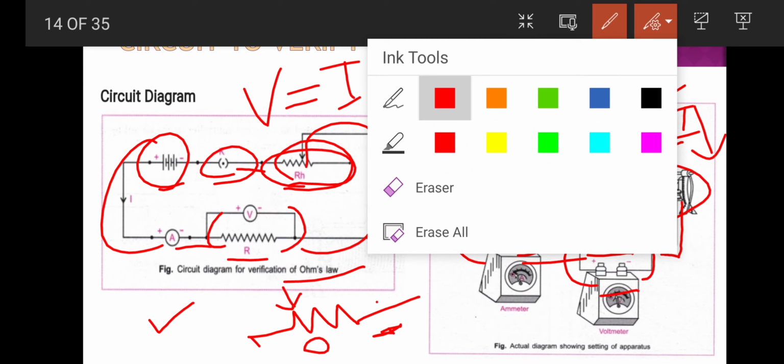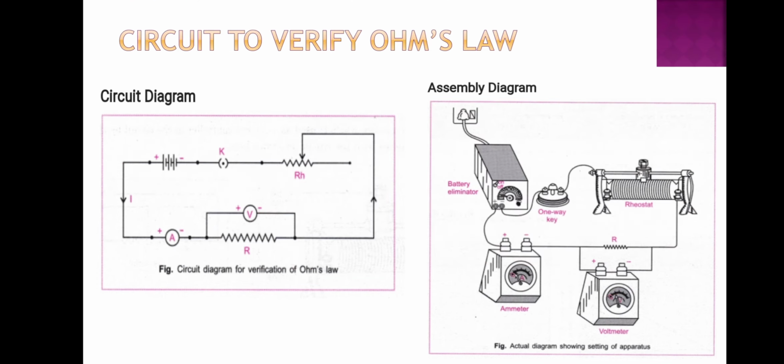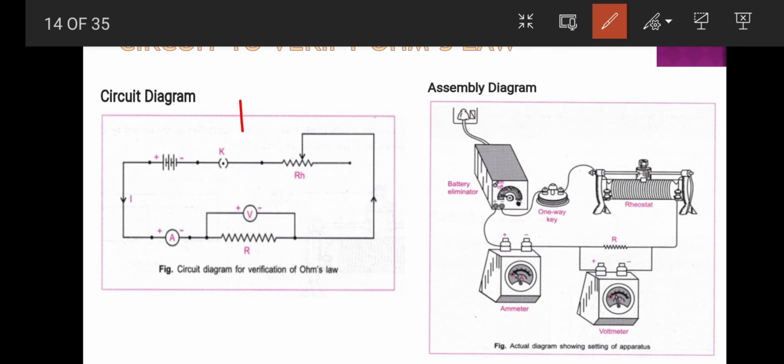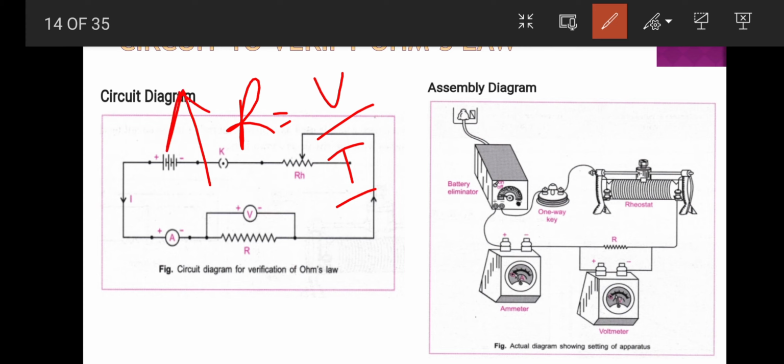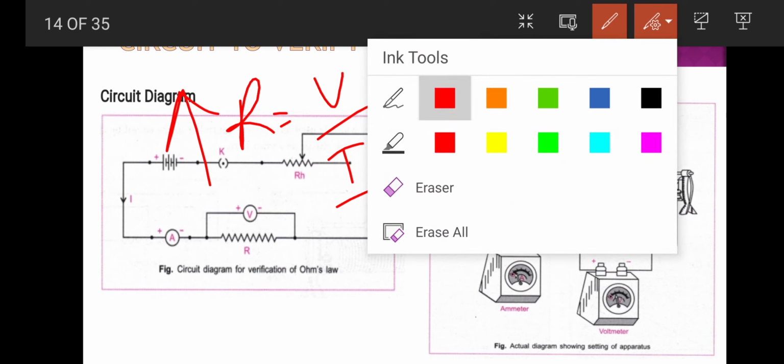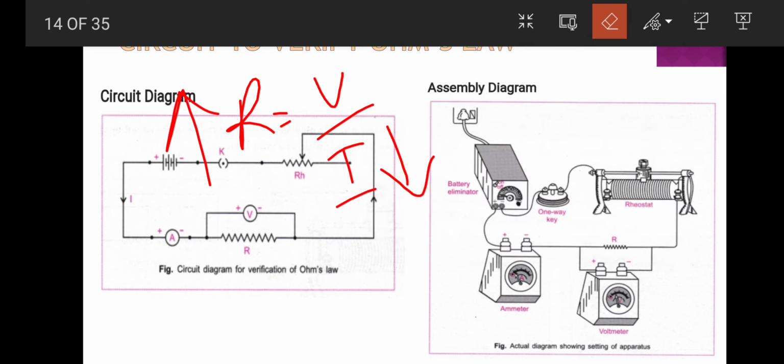And further, I can once again write here and explain to you, R is equal to V by I. So now you find that as the resistance is increasing, the current is decreasing. And if the resistance is decreasing, the current will increase.